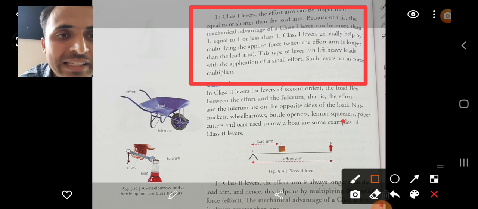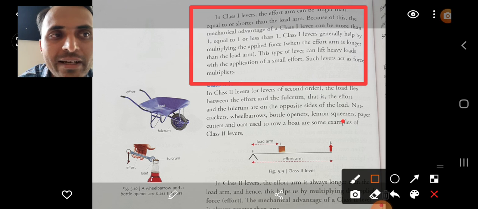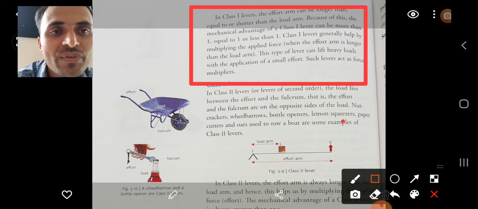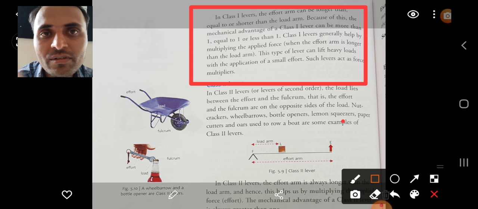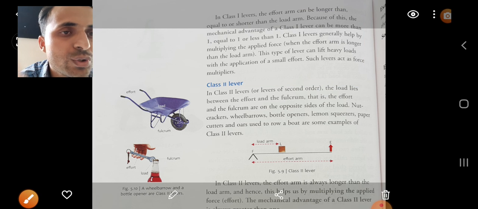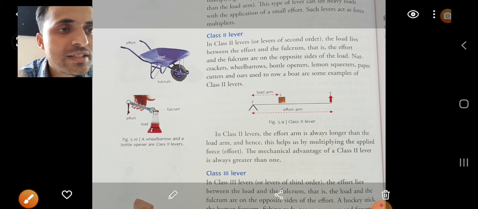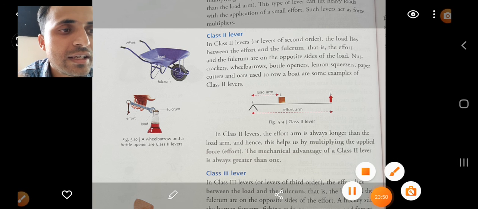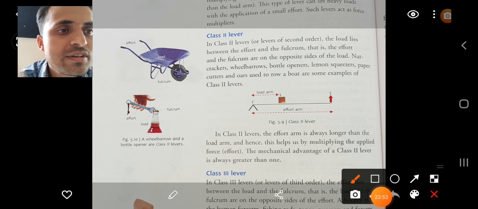Okay, now see about the class 2 lever. In class 2 lever the best examples are lemon squeezers, bottle opener, wheelbarrow, nutcracker, paper cutters. So the wheelbarrow is the first picture which is shown, and second is the bottle opener. Both are examples of class 2 levers. So what is the interesting thing regarding the class 2 lever?